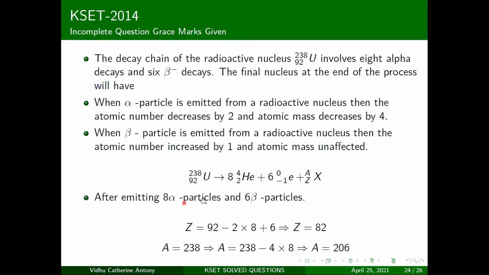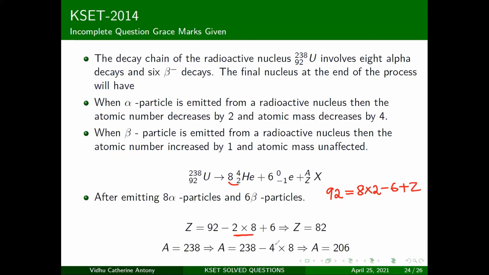After emitting 8 alpha particles and 6 beta particles, the Z value is going to be 92 minus 8 2s, which are 16. And then you have a plus 6 because this is a beta particle. Let's just write that down: 92 is equal to 8 into 2 minus 6 plus Z.